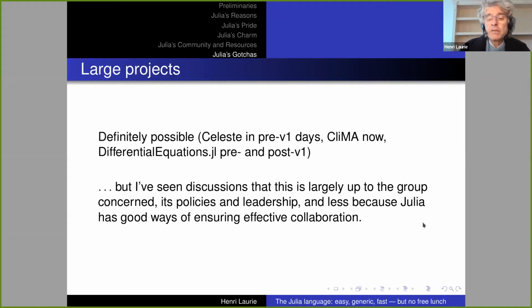Large projects are possible, but I've seen claims that Julia as a language is not designed to be helpful in large projects, and there may be aspects of Julia's design which may be unhelpful. So far, the large projects have worked quite well. That may be due to the policies and the leadership rather than the language as such.